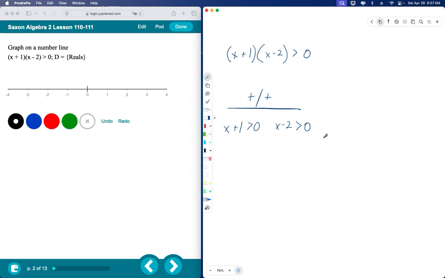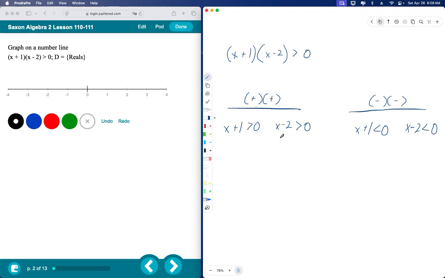If we work from the premise that it could be negative times a negative, then, positive times a positive, and negative times a negative. So if we work from the negative, then x plus 1 should be less than 0 if it's negative, and x minus 2 should be less than 0 if it's negative.